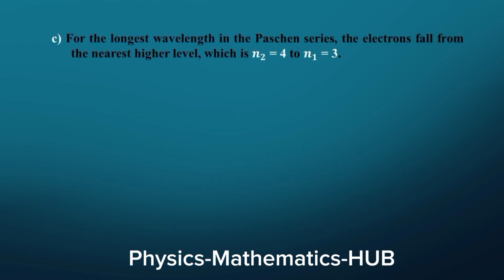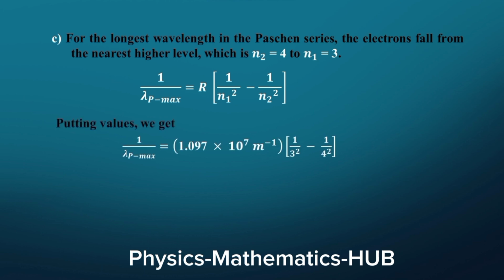Now we are going towards the Paschen series. To find the longest wavelength in the Paschen series, the electrons fall from the nearest higher level, which is the 4th level. Using equation 1, here 1 over lambda P maximum is equal to R into (1 over n1 square minus 1 over n2 square).